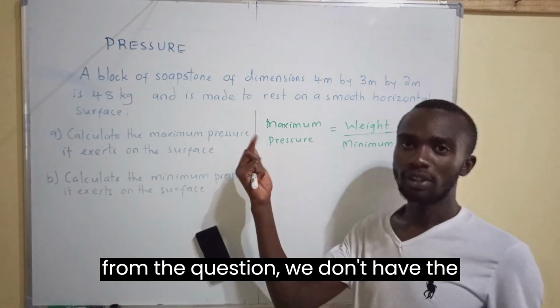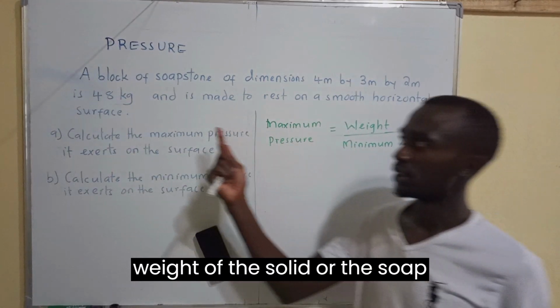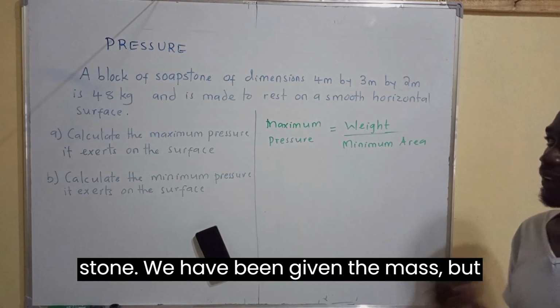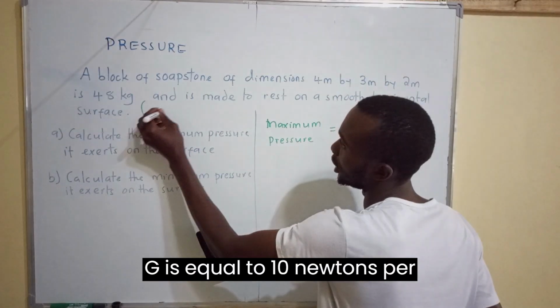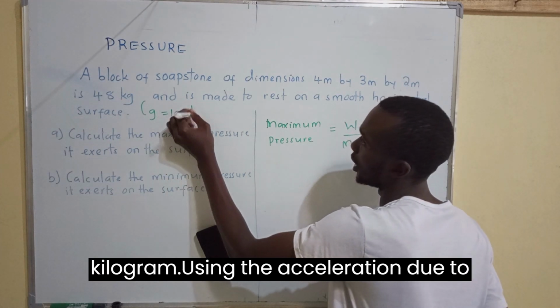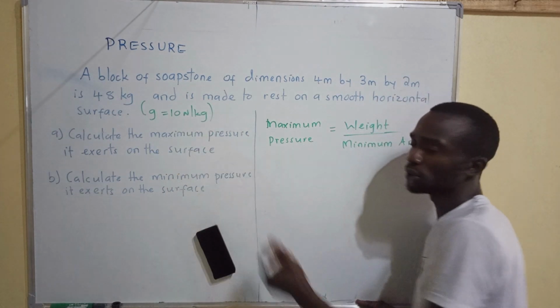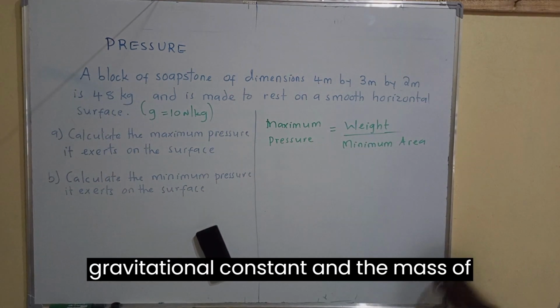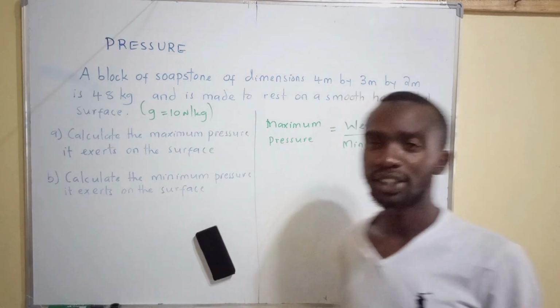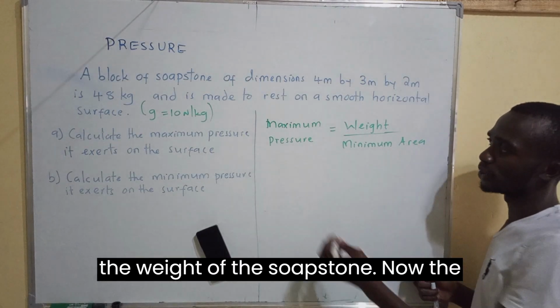Now, from the question, we don't have the weight of the soapstone. We have been given the mass, but because the acceleration due to gravity g is equal to 10 newtons per kilogram, using the acceleration due to gravity and the mass of the soapstone, we can find the weight of the soapstone.